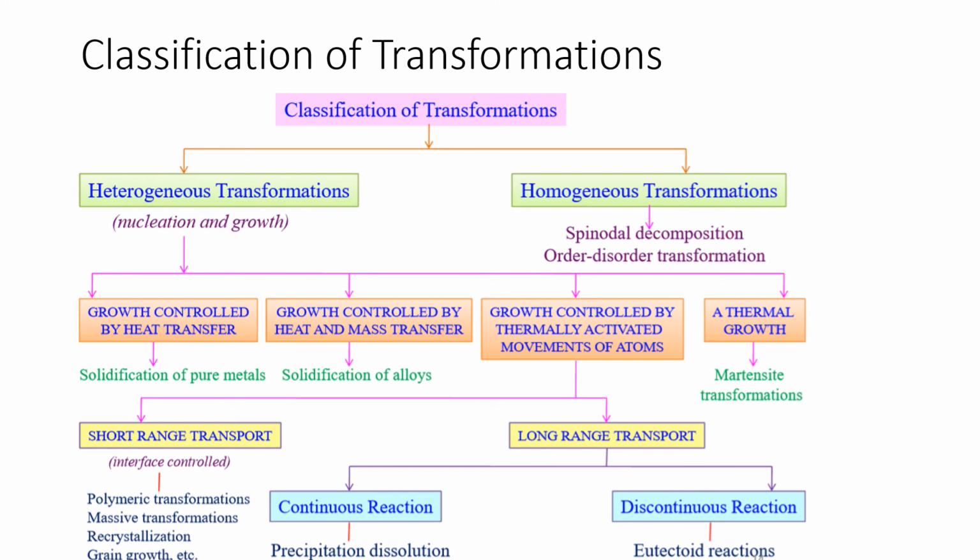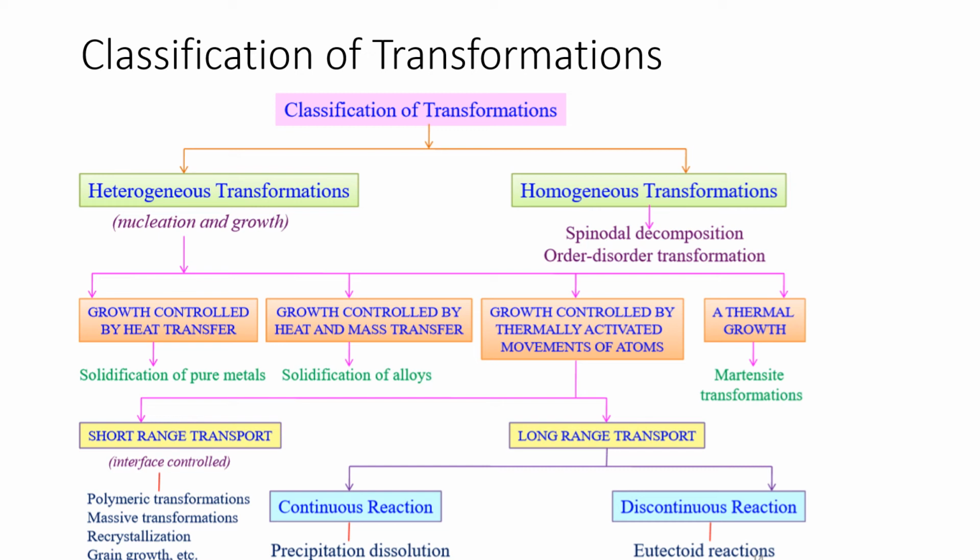We can further classify the transformations into two types: homogeneous and heterogeneous transformation. In homogeneous transformation, nuclei form uniformly throughout the parent phase.